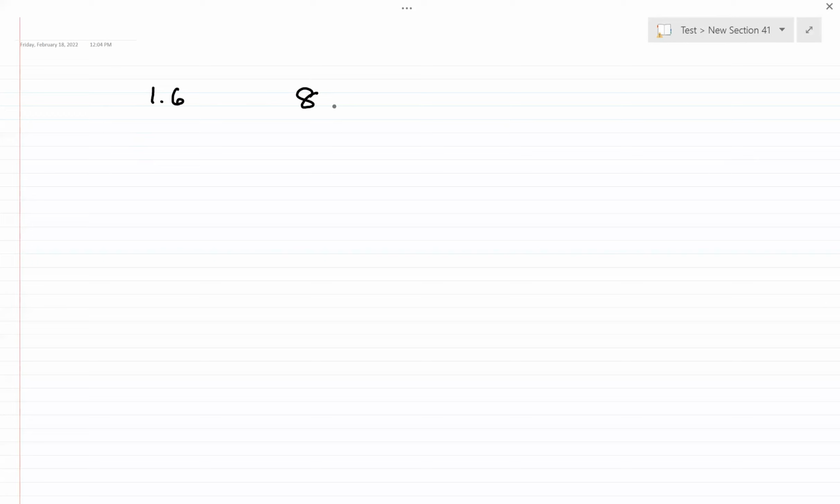Suppose W denotes the subspace consisting of all vectors having coordinates that sum to 0. So this is 8 on page 55.